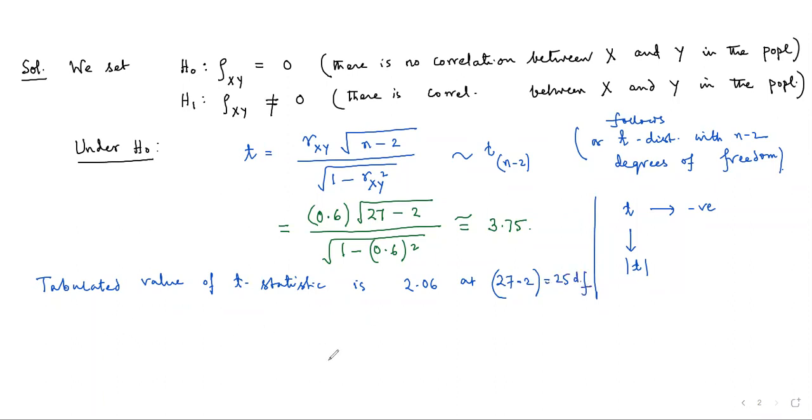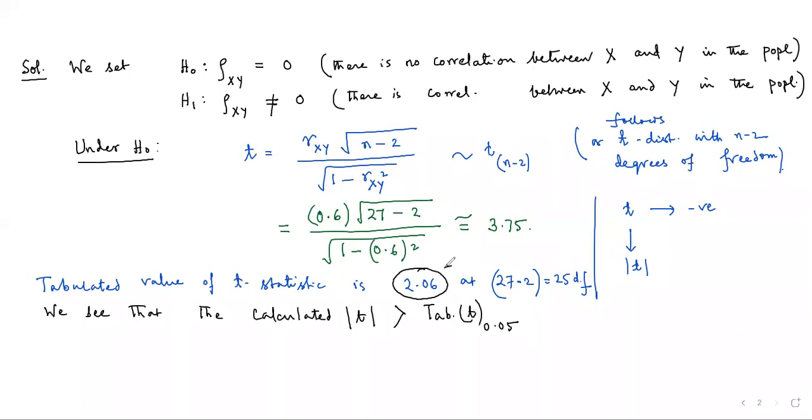And we see that the calculated t, or you can say the calculated mod t, is greater than the tabulated t at 5% level of significance. This value 2.06 is for 5% level of significance.